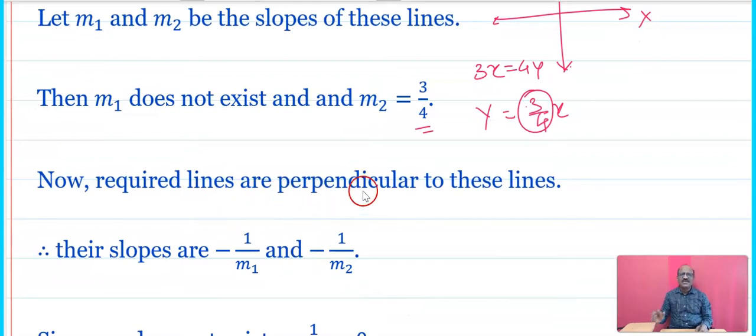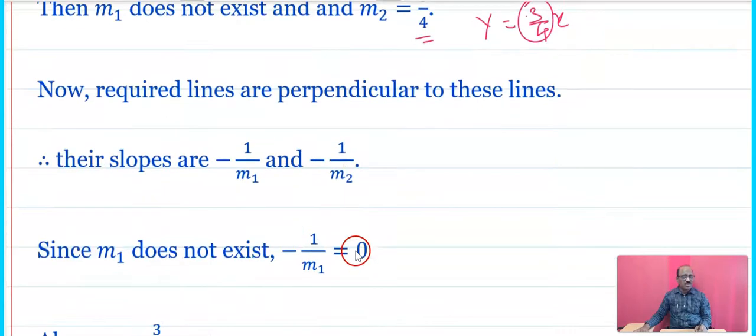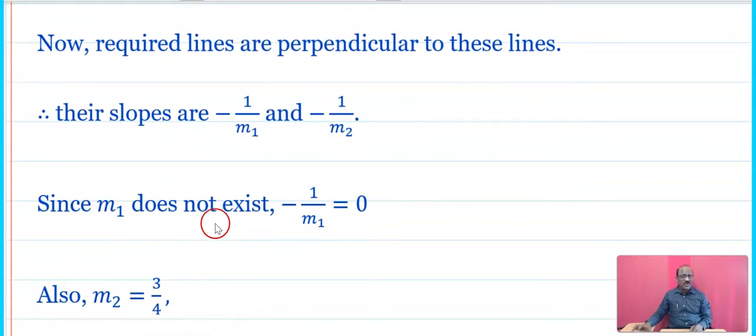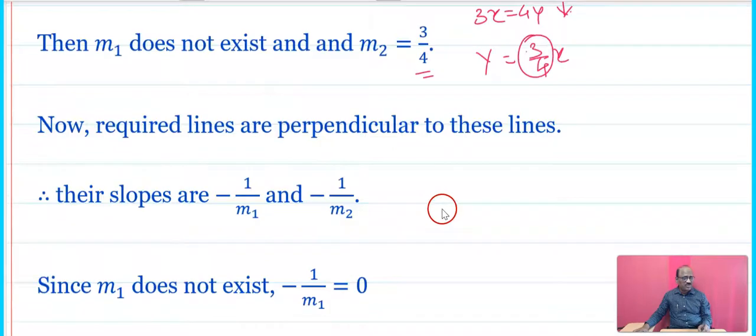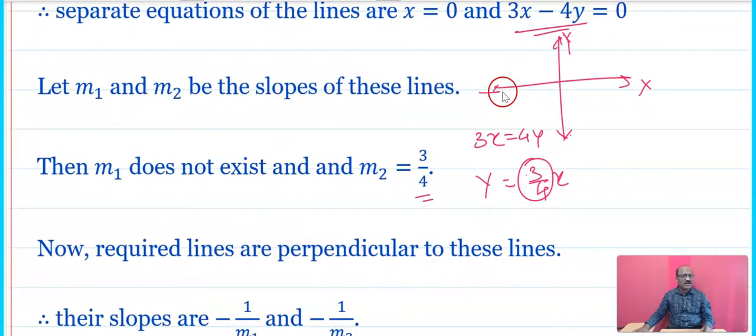Now the required lines are perpendicular to these lines, therefore their slopes are the negative reciprocals, that is -1/m1 and -1/m2. As m1 does not exist, the negative reciprocal is 0, and therefore its slope is 0. Therefore the required line will be the x-axis.